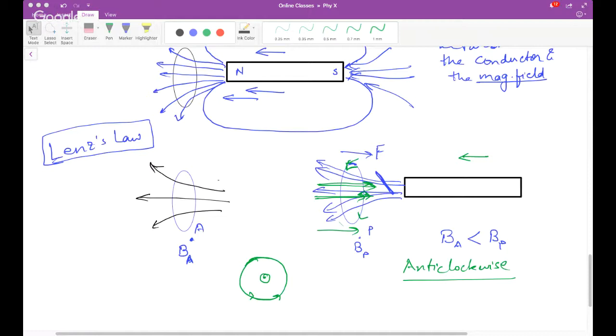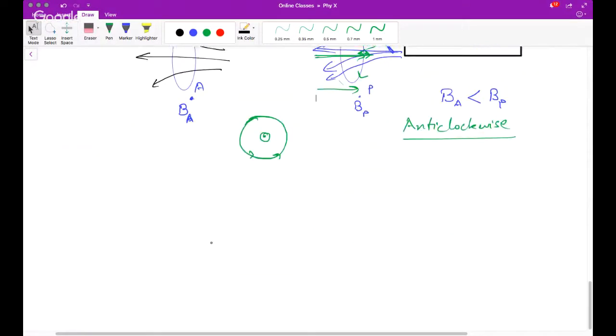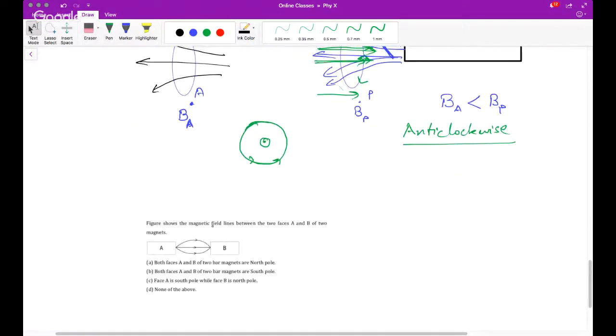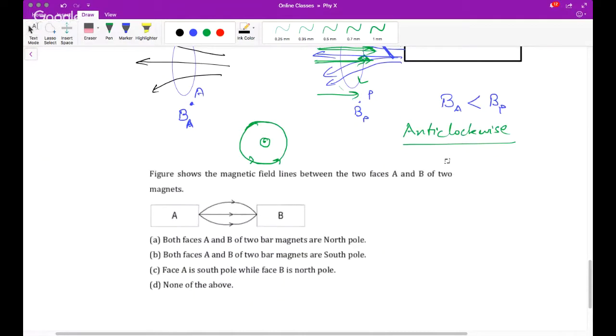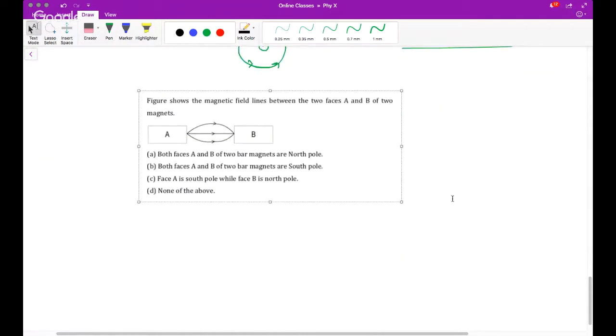Okay, let us solve this. Tell me, which one is correct?